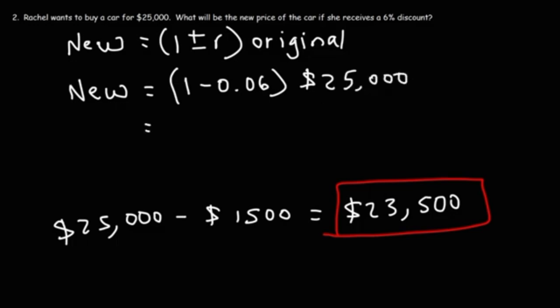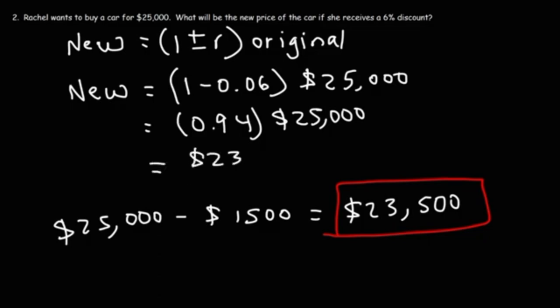So if we're decreasing 100 by 6%, we're going to have 94%. So the new price is going to be 94% of the original price. 0.94 times 25,000 will give us the same answer, 23,500. So now you know how to calculate the sales price of an item after a discount is applied.